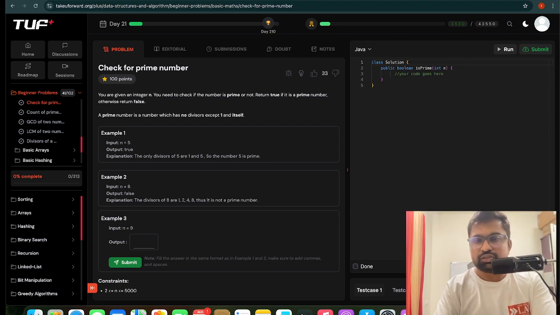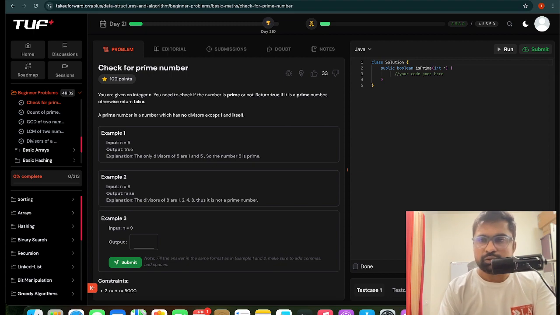Int GCD equal to 1, then we'll run one loop: int i equal to 2, i less than or equal to Math.min of n1 comma n2, and after that i plus plus.